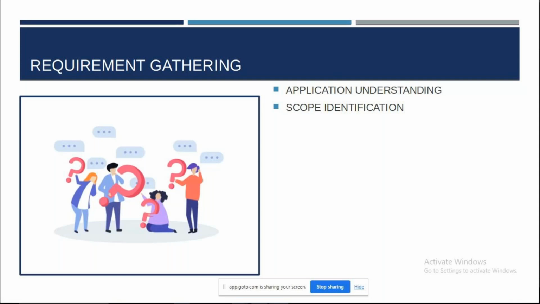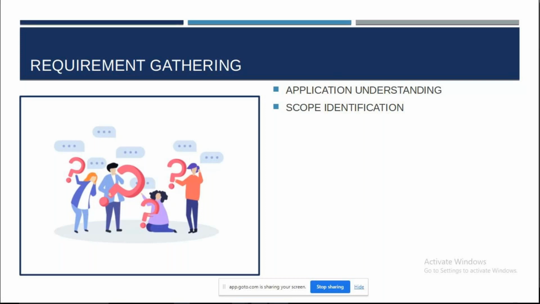You are using, for example, a flight booking application. In the flight booking application, most of the users will search for flights and book their flights, or reschedule their flights, or cancel their flights, right?